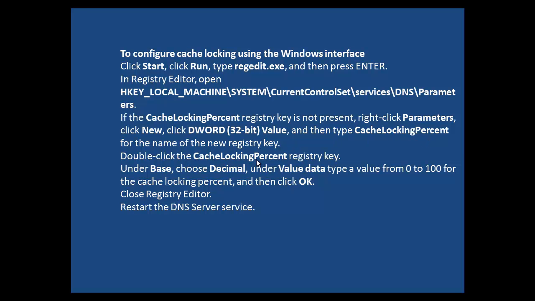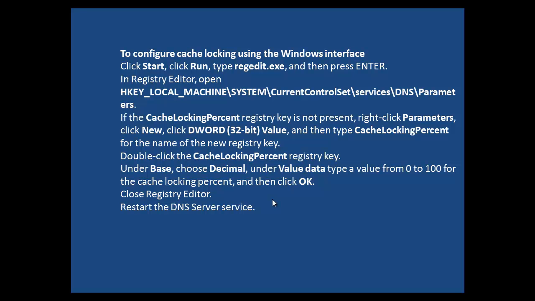What you then want to do is type the value from 0 to 100 for the lock-in percent, and then click OK. You close the registry and then restart the DNS Server service. So we can configure the cache locking either at the command prompt or at the registry level.